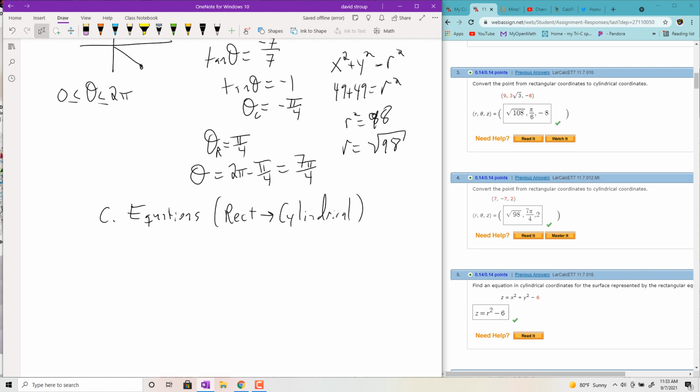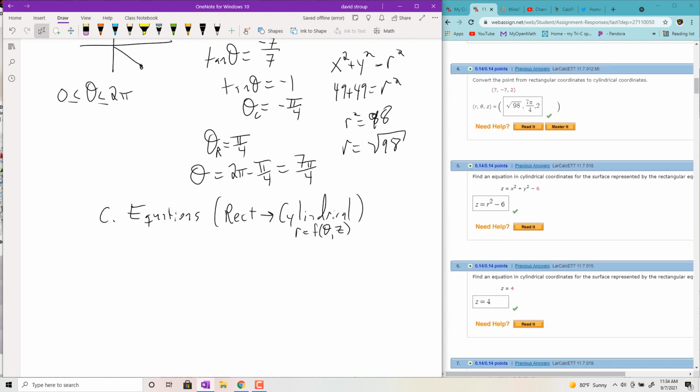For cylindrical, you're hoping to get r equals some function of theta and z. It's not always possible, though, so you may end up with some sort of implicit form. Fortunately, the computer is pretty good about this. Usually, if you can't solve it for r, I wouldn't even bother and just leave it as r squared. You can see in problem 5 over there, that's kind of what I did. Let's go ahead and look at problem 5.